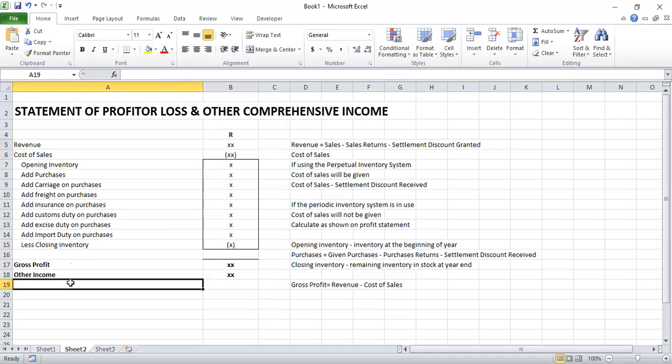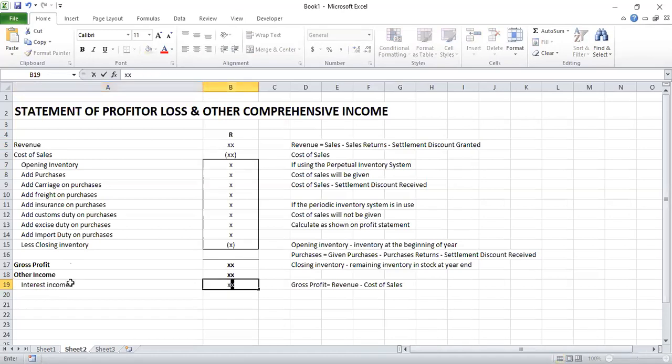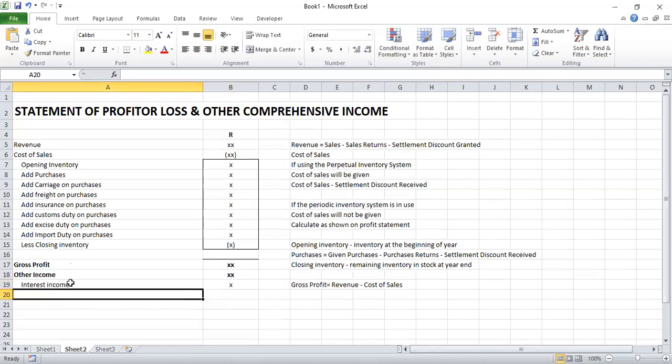So on the other income, we have interest income. For example, you can put money in the bank and you can get interest. Rent income. It can happen that the entity is not using all of its premises.